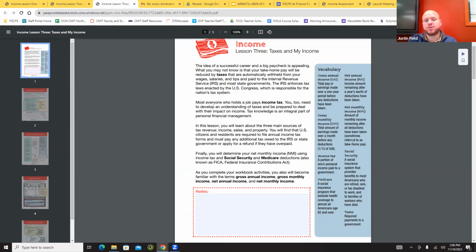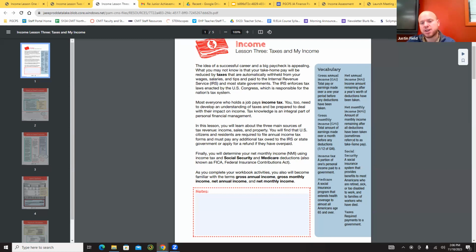The IRS enforces tax laws enacted by the United States Congress, which is responsible for the nation's tax system. Most everyone who holds a job pays income taxes. You too need to develop an understanding of taxes and be prepared to deal with their impact on income. Tax knowledge is an integral part of personal financial management.